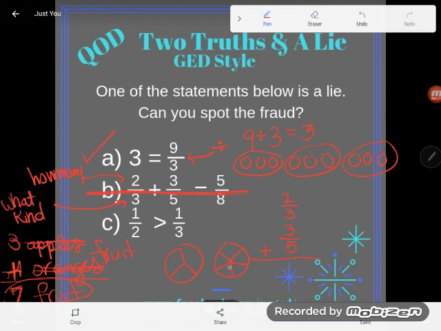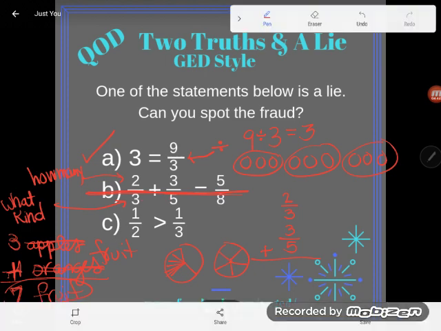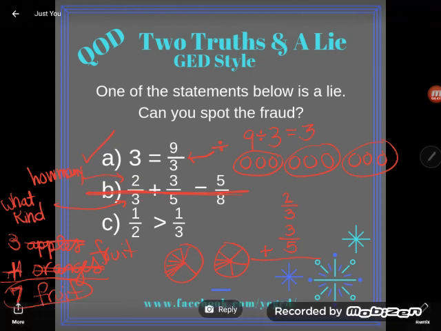So thirds and fifths are different sizes. They're different size pieces, so they're different kinds. I could certainly do that if I took all the thirds and cut them into 5 pieces, and all the fifths and cut them into 3 pieces. Then I would end up with a total of 15 pieces in both my pies, and now everything is the same size.